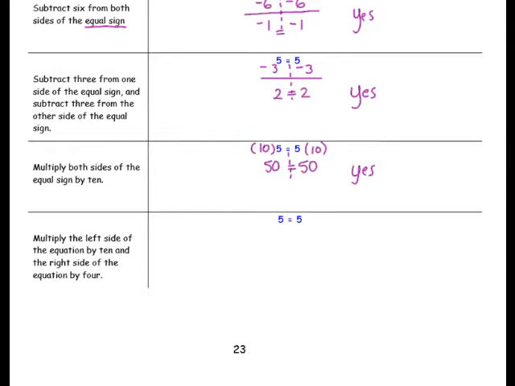Multiply the left side of the equation by 10 and the right side of the equation by 4. Show multiplication using parentheses. Do you expect that they will remain equal? 5 times 10 is 50 on the left. 5 times 4 is 20. The values are not equal.